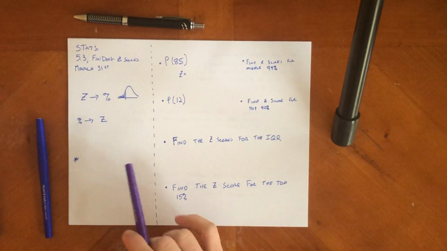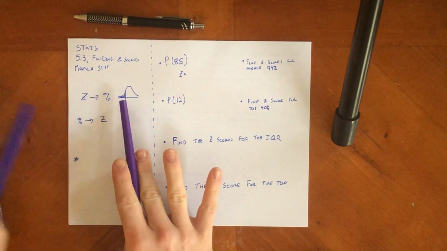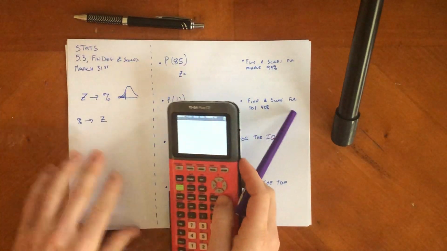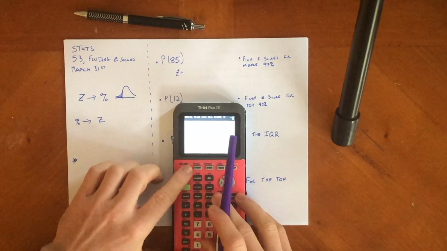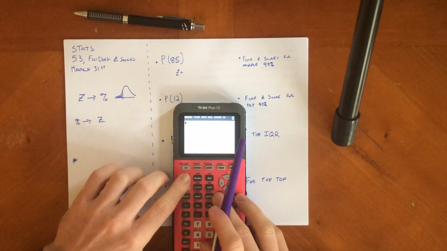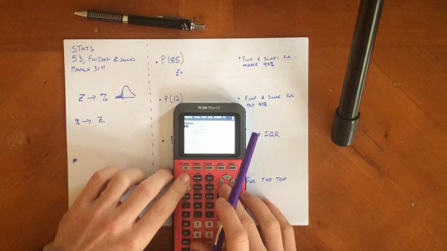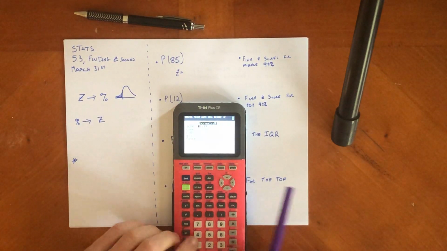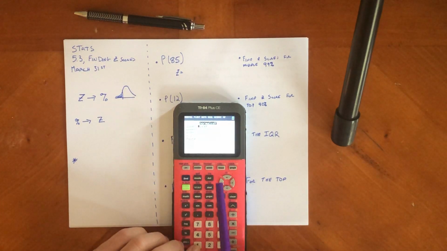Alright guys, so yesterday we learned how to go from a z-score to a percentile, and we did that by using our second distribution and using our normal CDF, and then we typed in a low bound. So let's say I wanted to find the middle 10% or something like that.